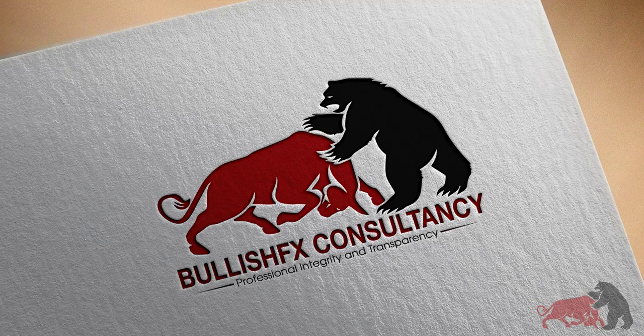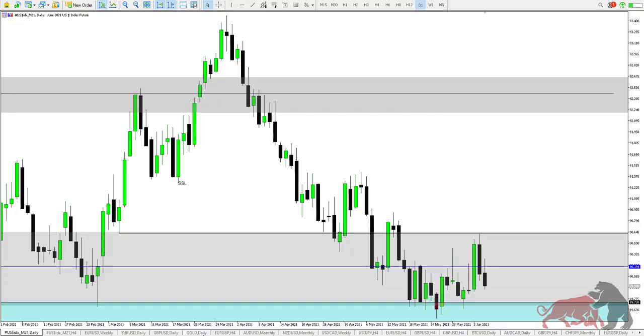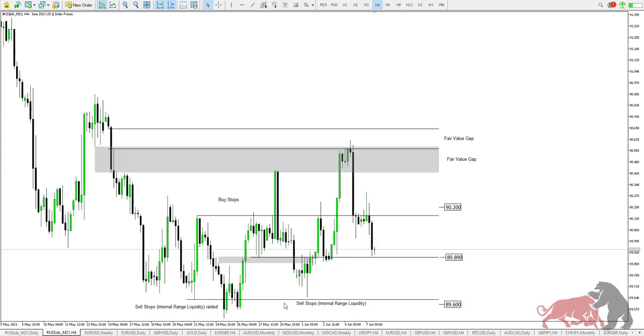So first things first, we need to look at dollar index, right? Before I go to the COT numbers, I just need to highlight a few things regarding dollar index. Last week we saw dollar trading to our ultimate target, which was right around the 90.50 zone.